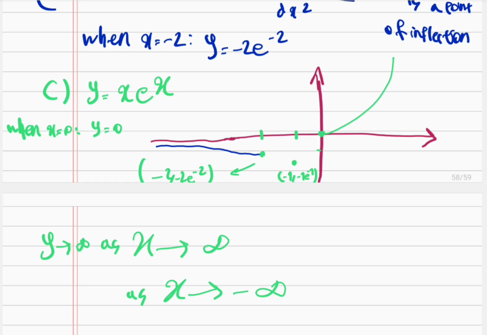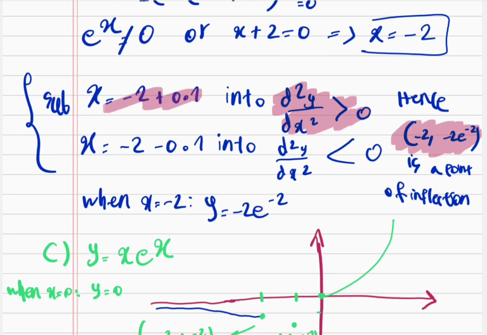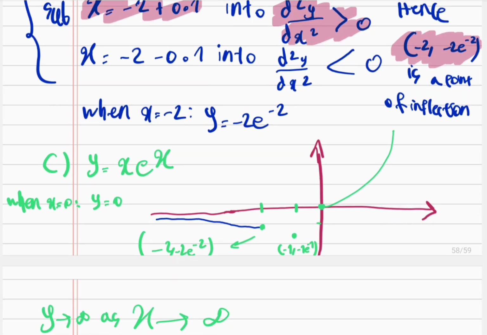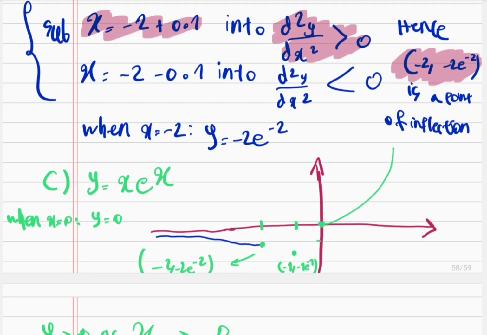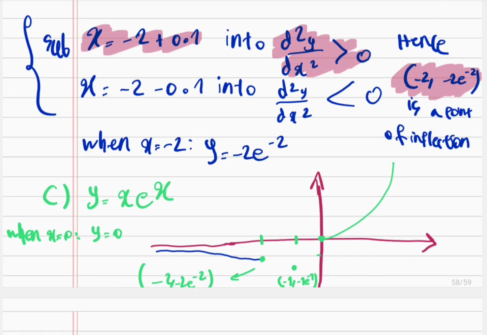Remember what happened here: when we add some small positive amount to -2, we get here. This is the point of inflection. When we go to the right side of that, d squared y by dx squared is positive, and a positive second derivative indicates that this part is convex.